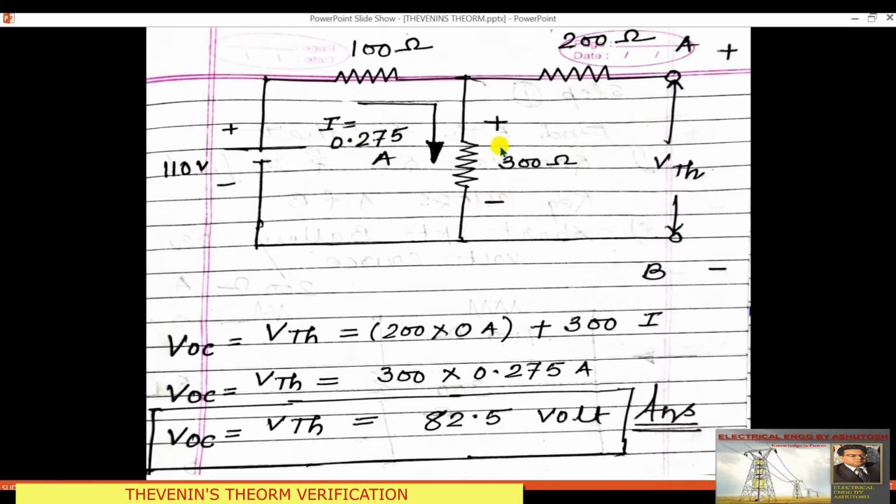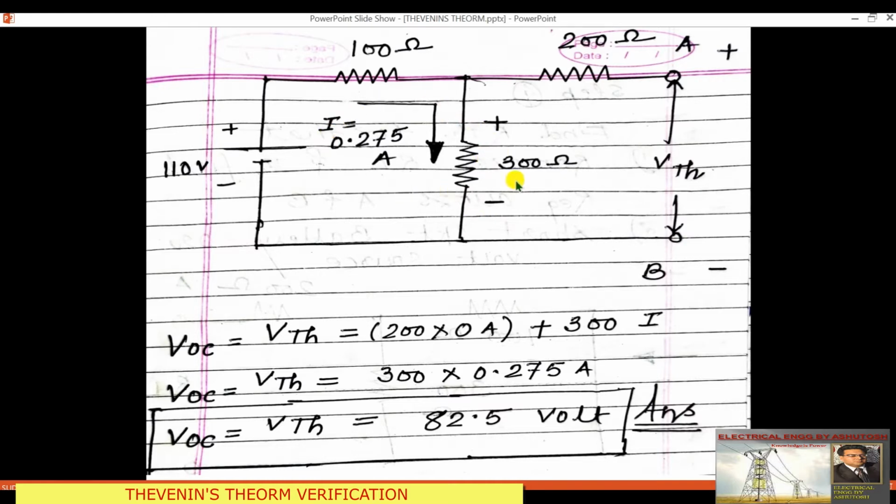Put a positive sign across this resistance on the terminal where current enters, and a negative sign on the terminal where it leaves.